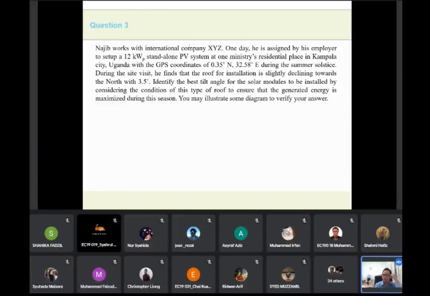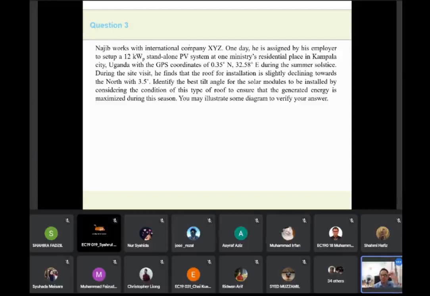During the site visit, he finds that the roof for installation is slightly declining towards the north with 3.5 degrees. There's an additional twist there.